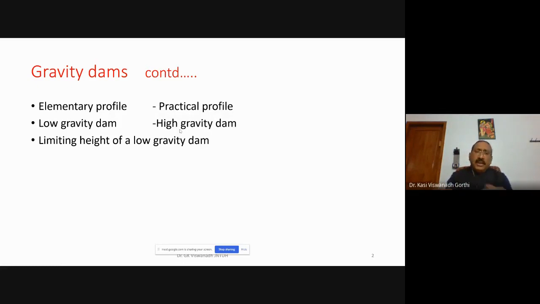It depends on many other parameters, like the material used for the construction of the gravity dam and the allowable stress, that means grade of concrete, etc. These parameters decide whether a gravity dam is a low dam or a high dam. So the limiting height of a low gravity dam we discuss in today's class.